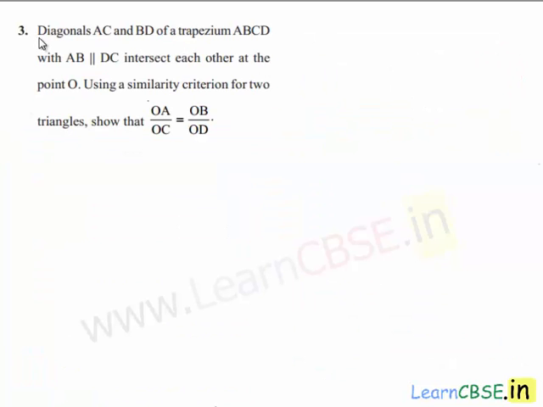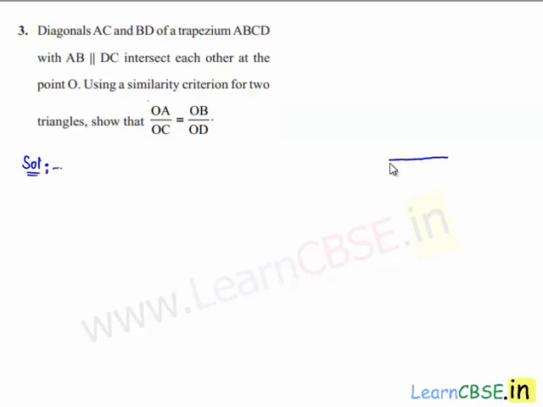Moving on to a third question. Diagonals AC and BD of trapezium ABCD with AB parallel to DC intersect each other at the point O. Using the similarity criterion for two triangles, show that OA by OC is equal to OB by OD. Now moving on to solution.